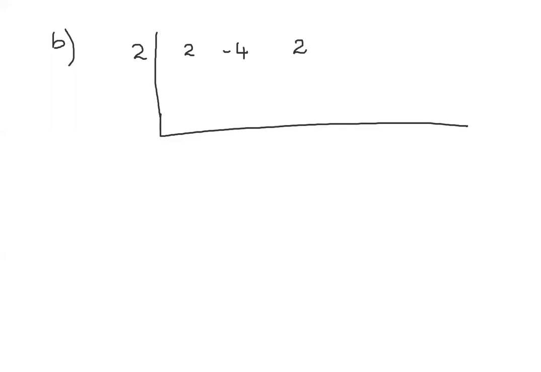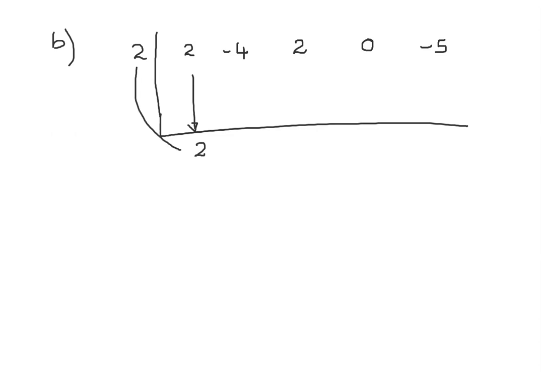By remainder theorem, all we have to do is divide the polynomial by 2. So you put the 2, x to the power 4, x to the power 3 is negative 4, x squared is 2, but the x term is missing, so I have to put 0 for that and put the constant term. So let's see if we are getting 2.